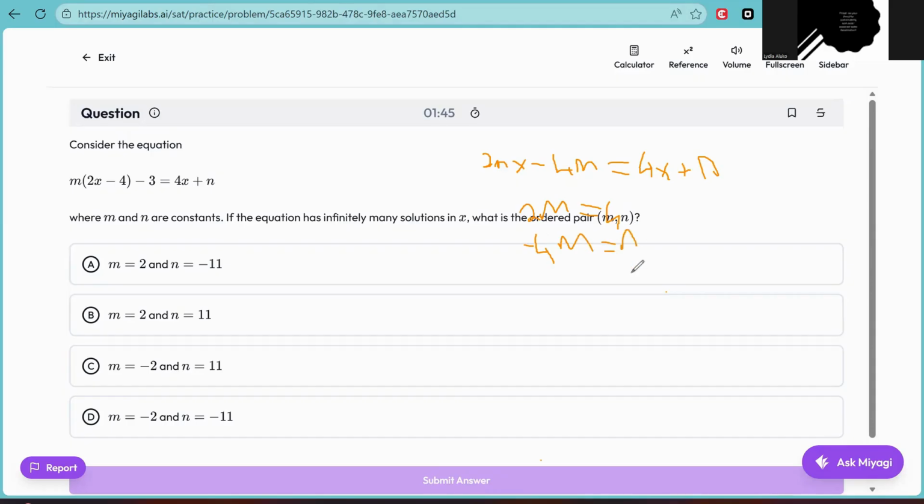Those are equating the x coefficient to the coefficient of x, and this one is equating the constant terms. So now we want to solve for m and n. So m equals 4 divided by 2. That would give us 2.